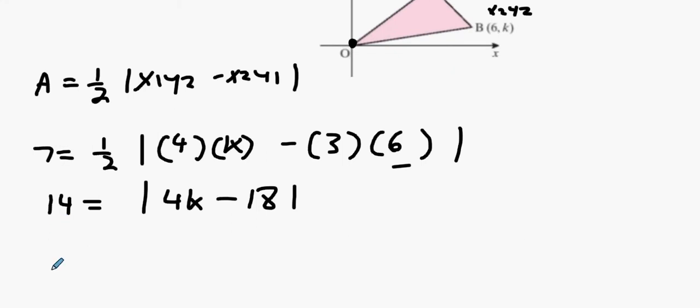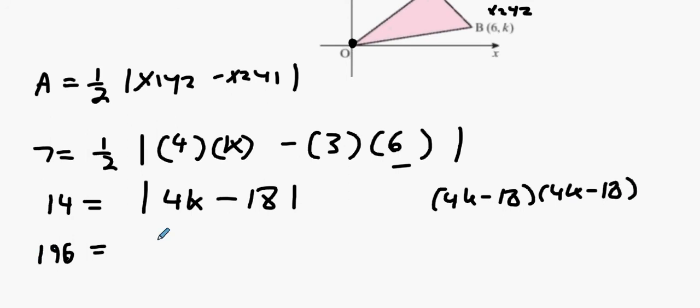It's either 196 or 256. I can never remember. 196. Square this out and you get 4k minus 18 by 4k minus 18, which I believe is 16k squared minus 72k. But then you double the 72k to get 144k.